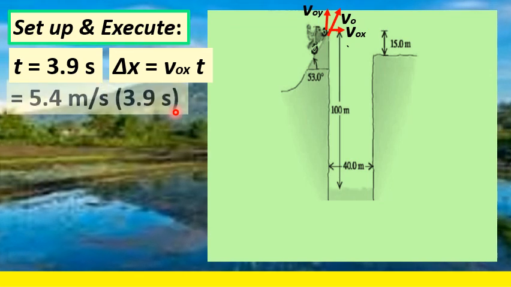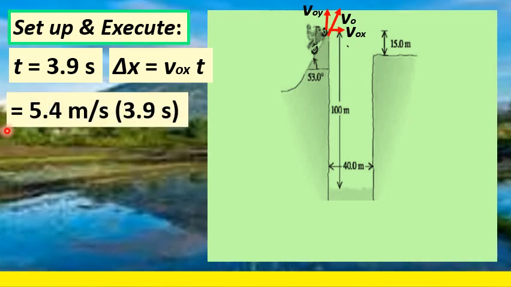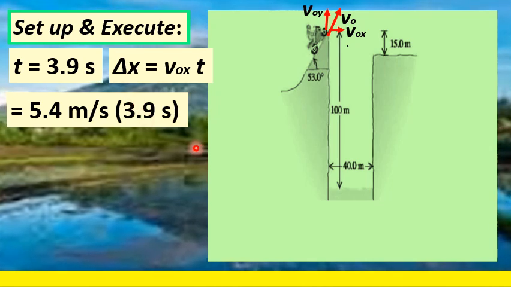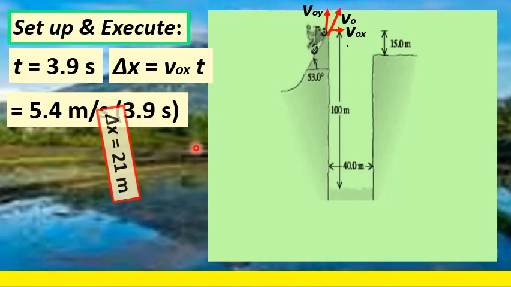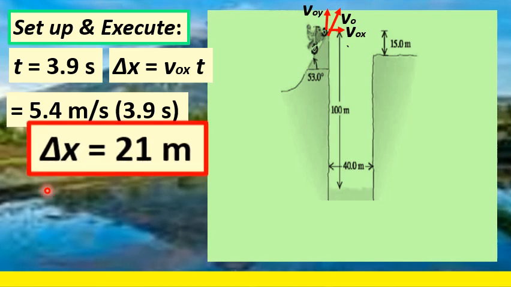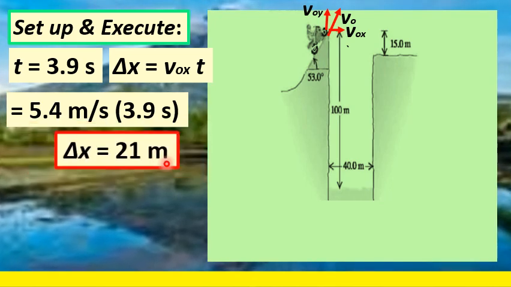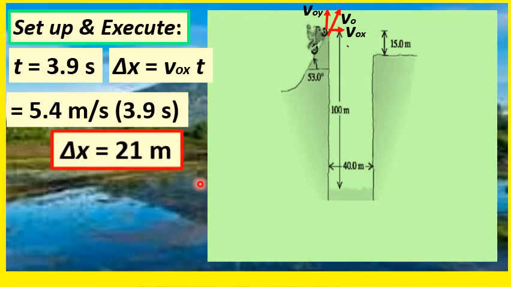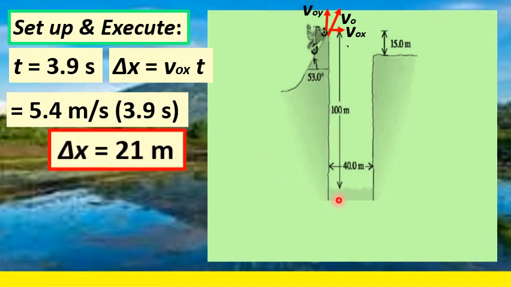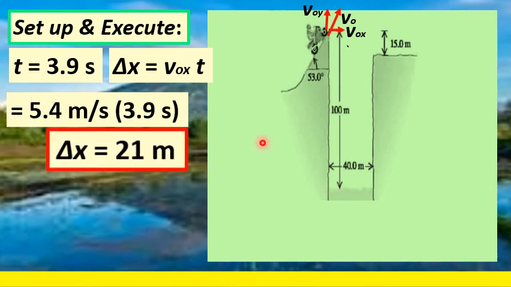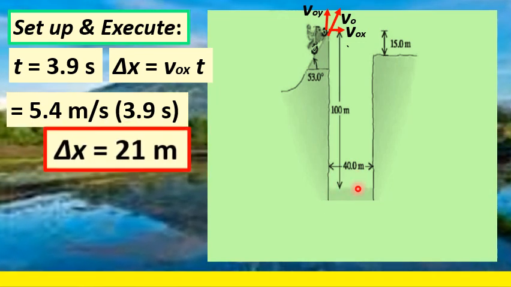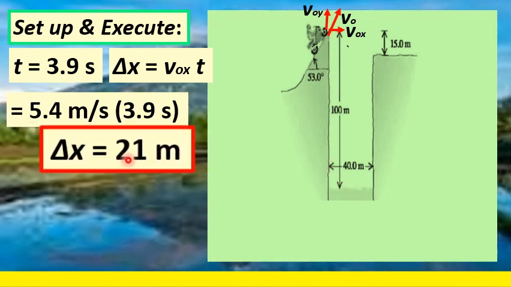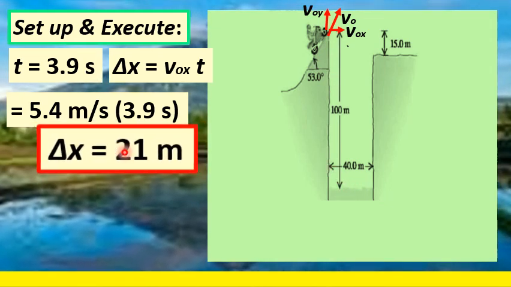Substituting, we get 5.4 meters per second times 3.9 seconds, and we will get delta x equal to 21 meters. So delta x means the horizontal displacement of the cyclist upon hitting the water, 21 meters from the first bank.